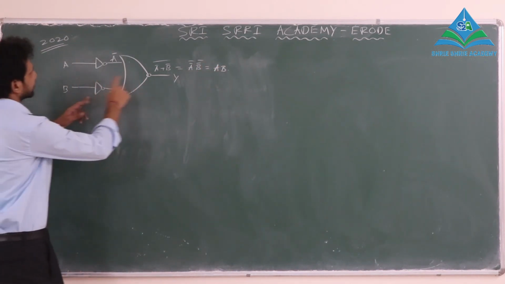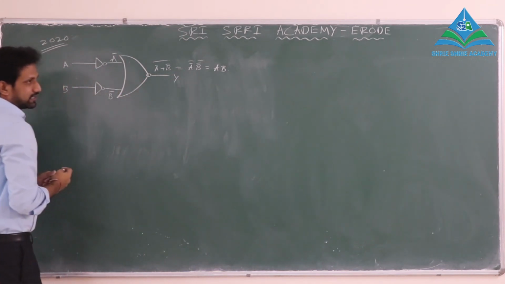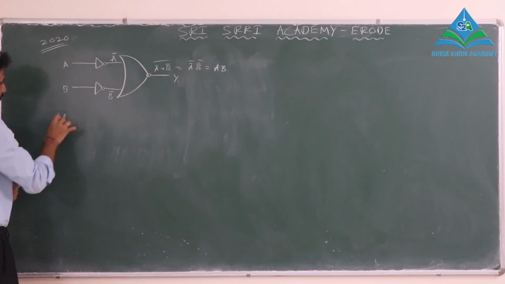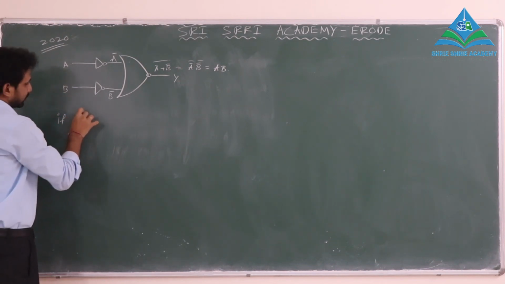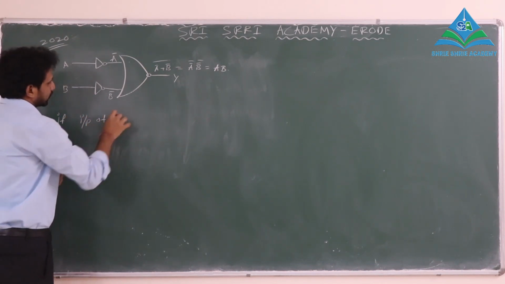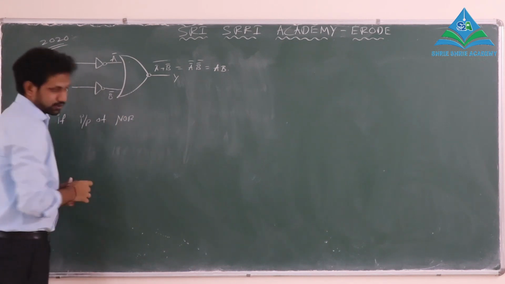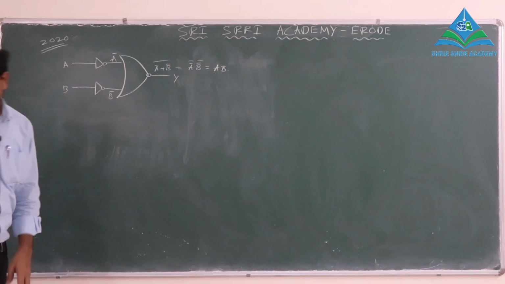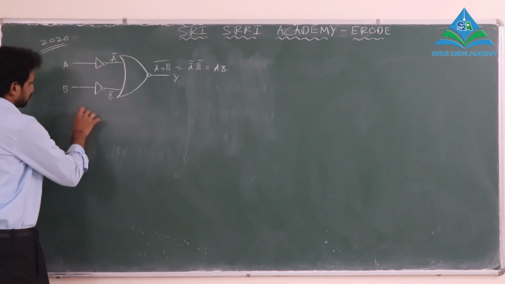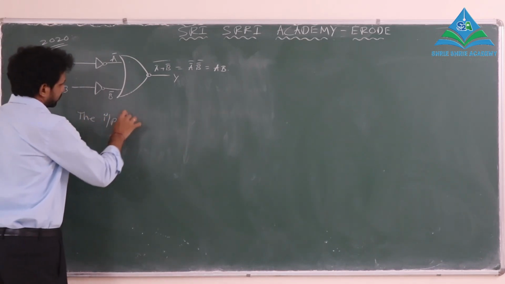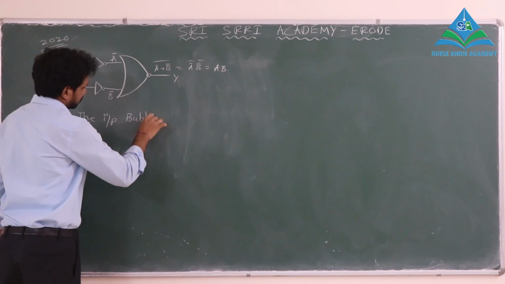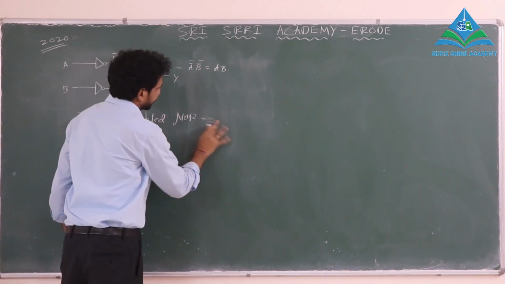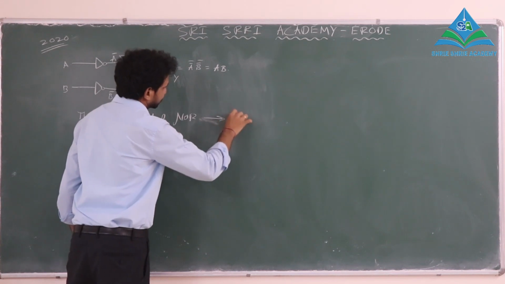But instead of solving this entirely, there is a statement regarding such gates. If the inputs of a NOR gate are bubbled: the input bubbled NOR gate will be an AND gate.